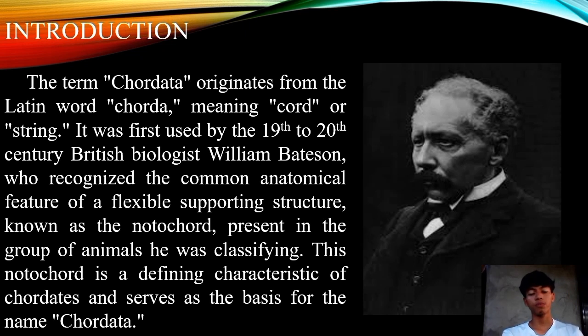Therefore, the term Chordata reflects the presence of the notochord, highlighting its importance in the classification of animals within this group. This anatomical feature serves as a unifying factor among diverse organisms, ranging from simple forms like tunicates and lancelets to more complex vertebrates like fish, amphibians, reptiles, birds, and mammals.